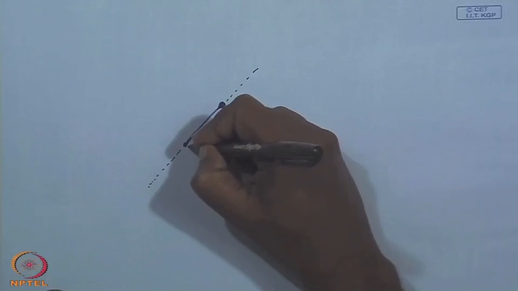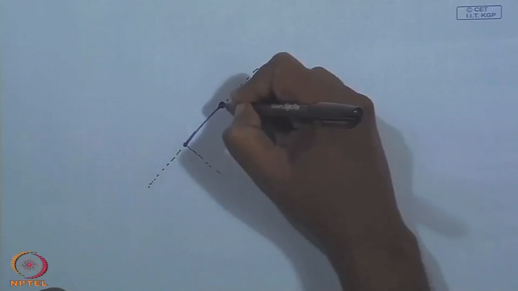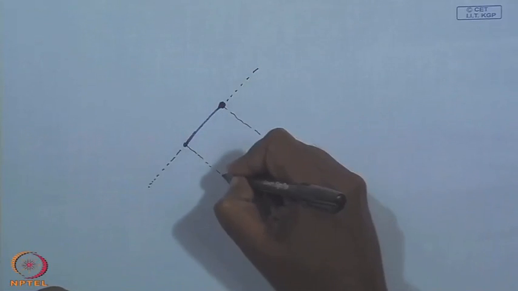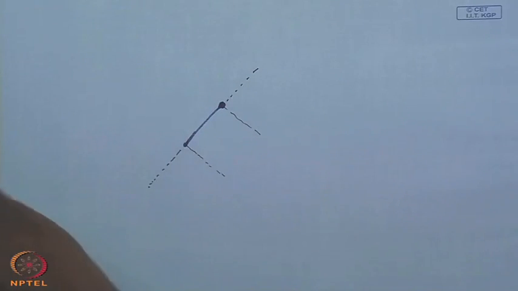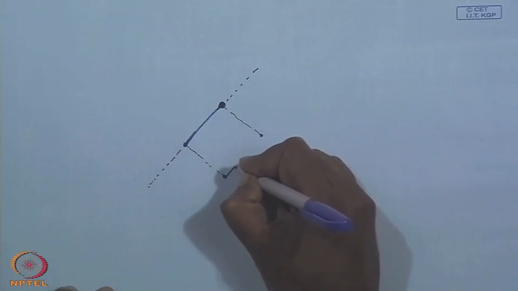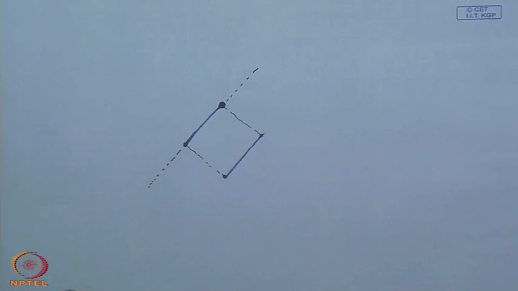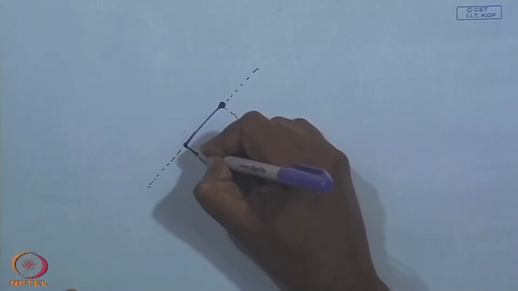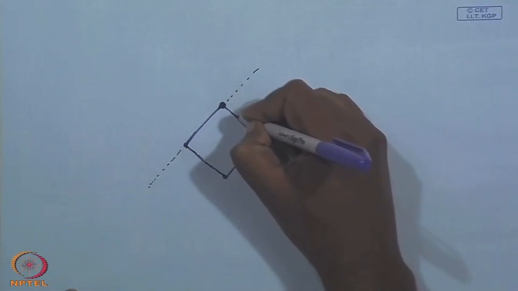Now, given this, if I drag the line in a direction perpendicular to the direction of the line, I get the line over here, and what I have is a rectangle.